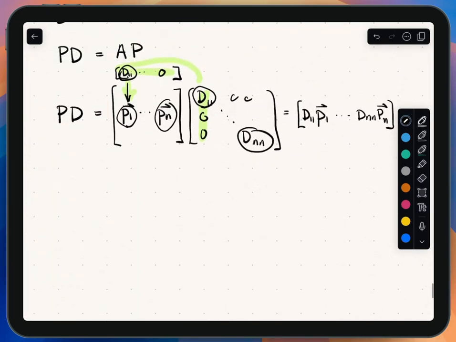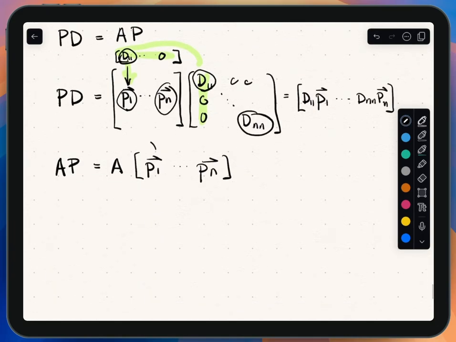Then finally, we can look at AP. Again, we're going to have the matrix A times this matrix of the column vectors of P, P1 all the way to Pn. We're applying P1 through Pn to A. So we can just write this as: apply A to P1, and that's our new column, and then apply A to Pn, and that's our new column.